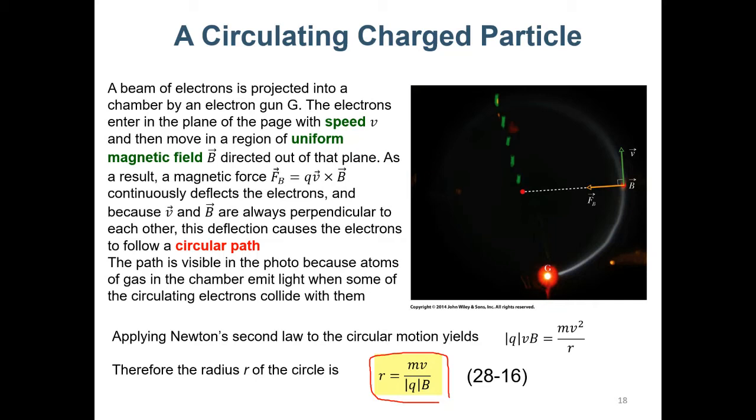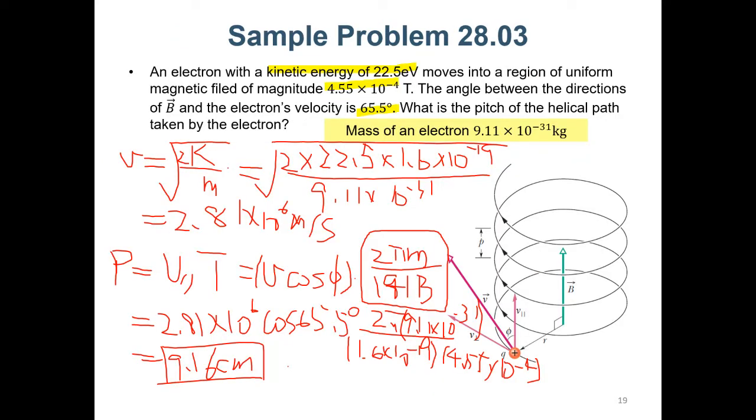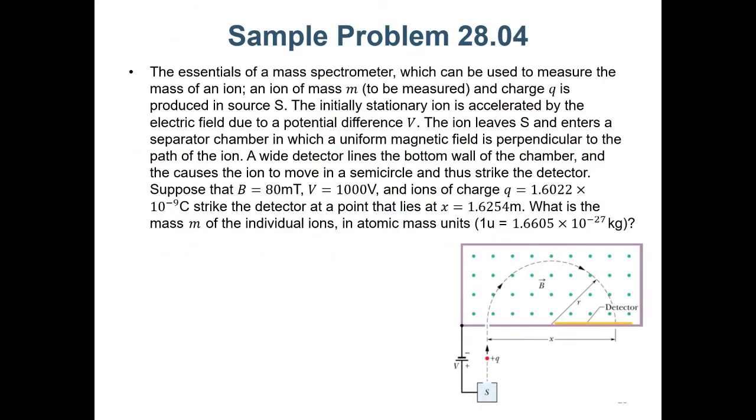We can change v to r omega, and then omega equals 2 pi over T. But that may be a bit difficult to do, because we need to do something like vector decomposition. Maybe you can just remember that one.